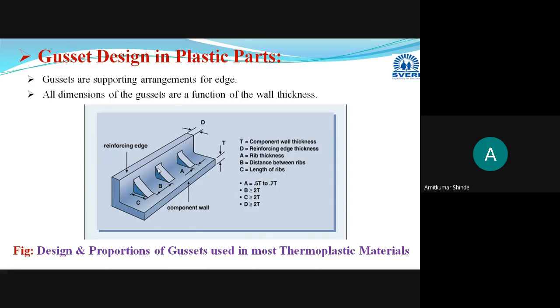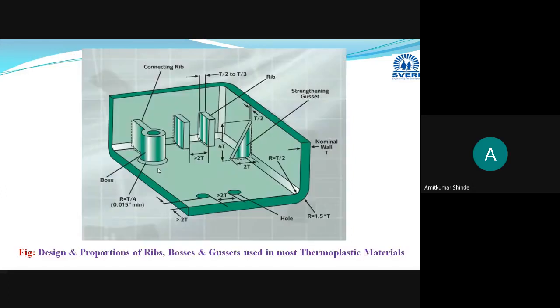So in this way we have discussed the design of ribs, bosses, then gussets. This is the common diagram showing the boss, this is the rib, and this is the gusset. Ribs and gussets are provided to increase the strength and rigidity.